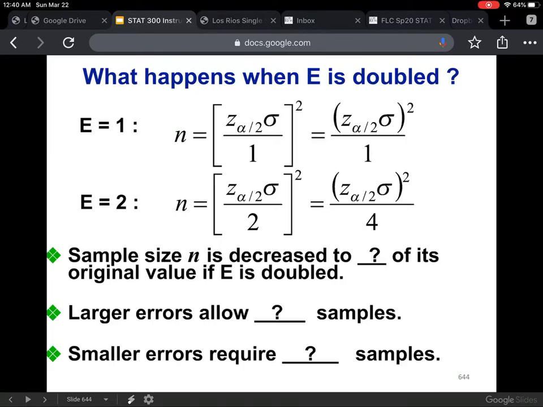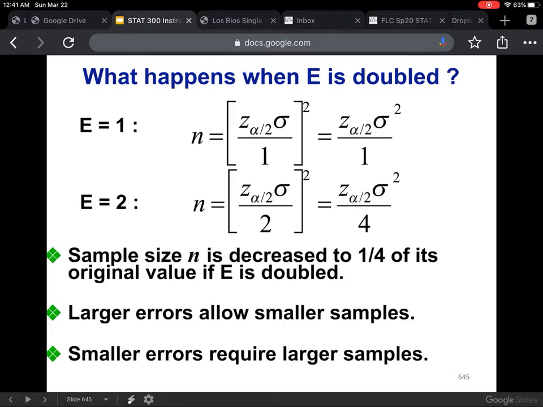Okay. What happens when the margin of error E is doubled? I just want to make sure you are aware of this. If the margin of error is doubled, the sample size will decrease to what? It's going to decrease to 1/4 of its previous amount. Larger errors allow for what kind of samples, smaller or larger, and smaller error requires what kind of samples?